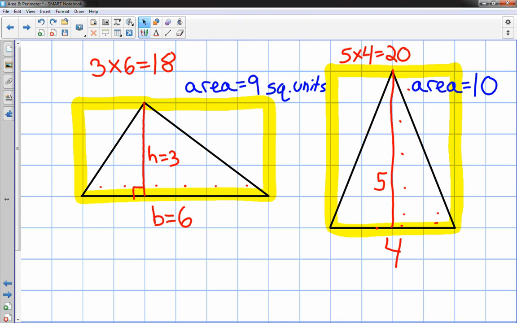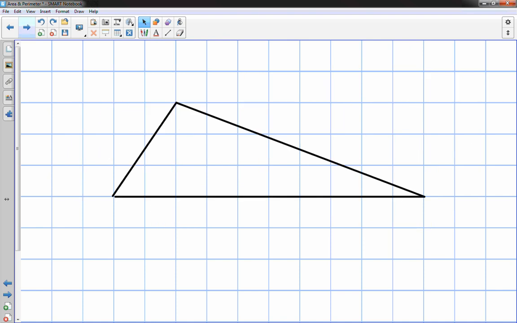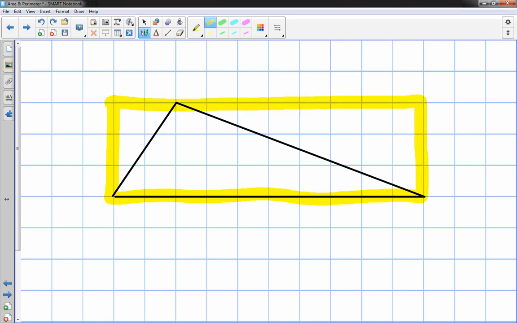Do one more tricky one. I think I have time for one more tricky one. This one's kind of an odd looking triangle. Again, imagine it inside a rectangle. I'd make a habit of boxing it in, and then I would make a habit of figuring out the height straight up to the peak. So the height is equal to 3.